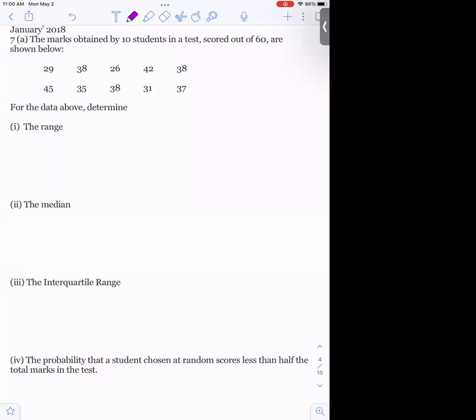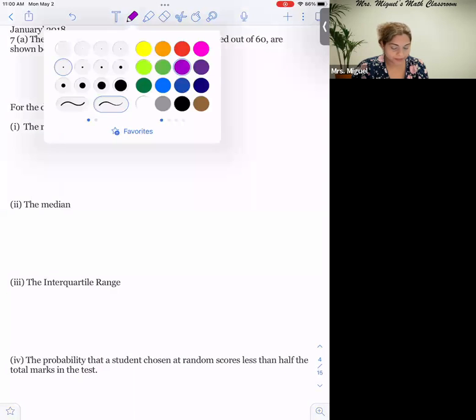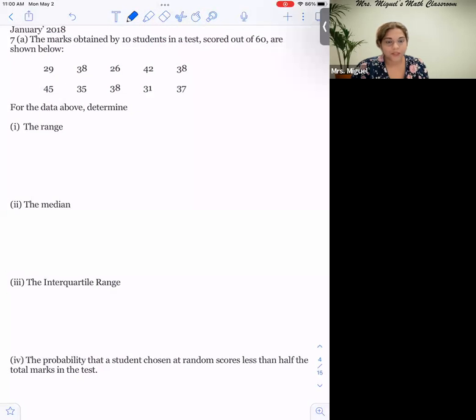Yes, miss. I thought you all fell asleep. So the first thing I want to do is to arrange the numbers in numerical order. It helps when we cross out the numbers so we know that we didn't repeat any number.